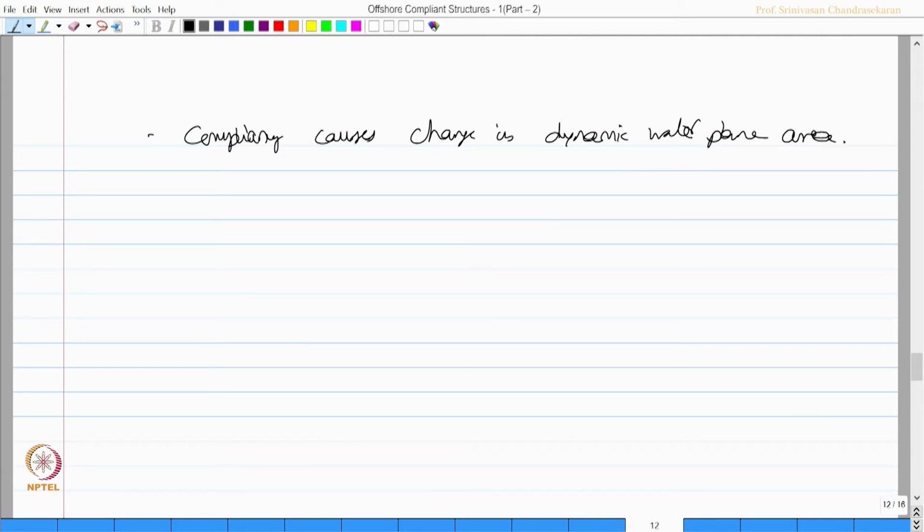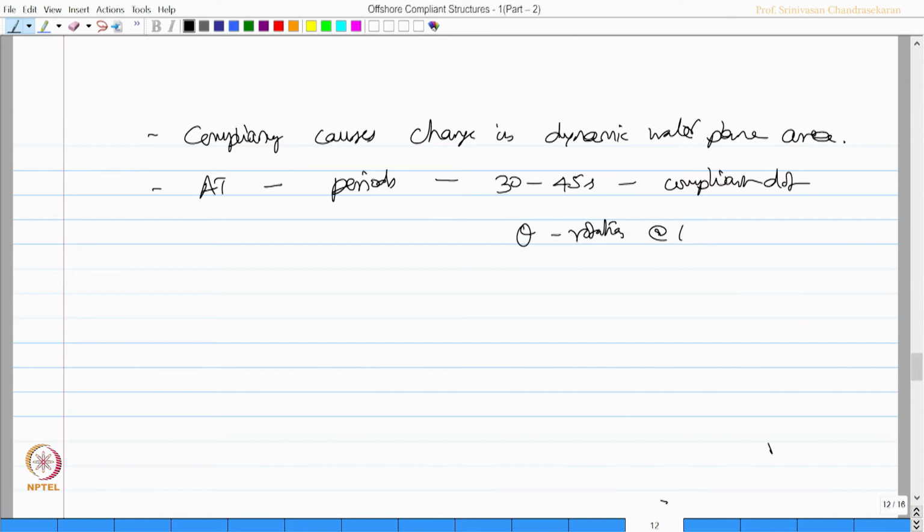So, therefore, these towers again have natural periods varying from about 30 to 45 seconds in compliant degrees, especially the compliant degree of freedom for an AT is rotation at the base.